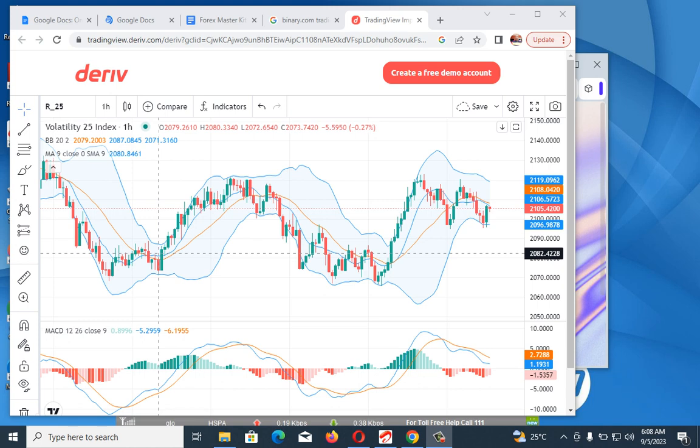So if you cannot enter here, you can enter from the second candle and you will be in profit and make a good one.